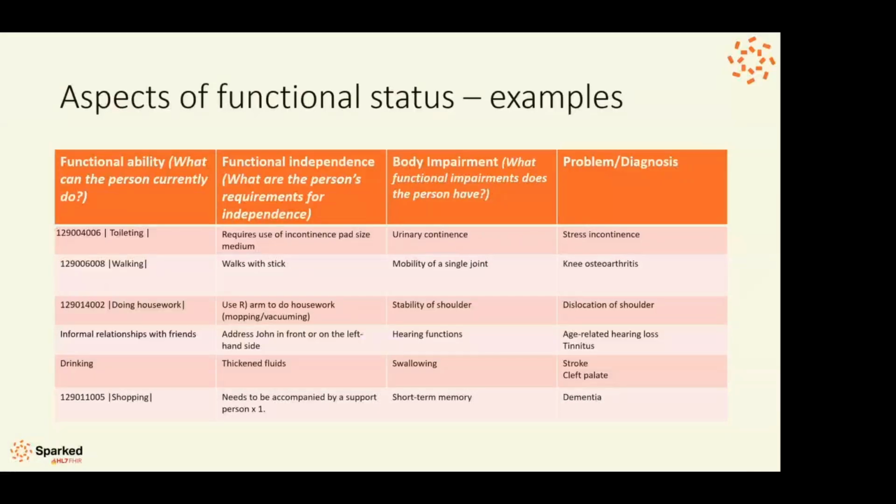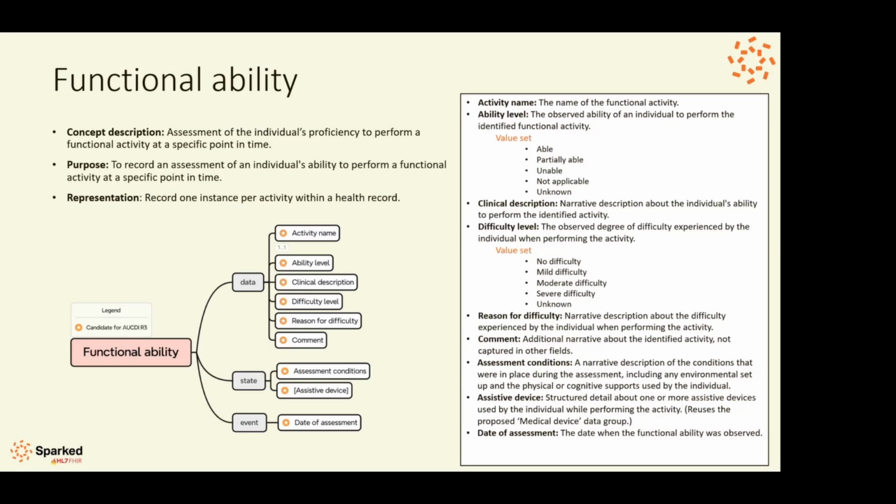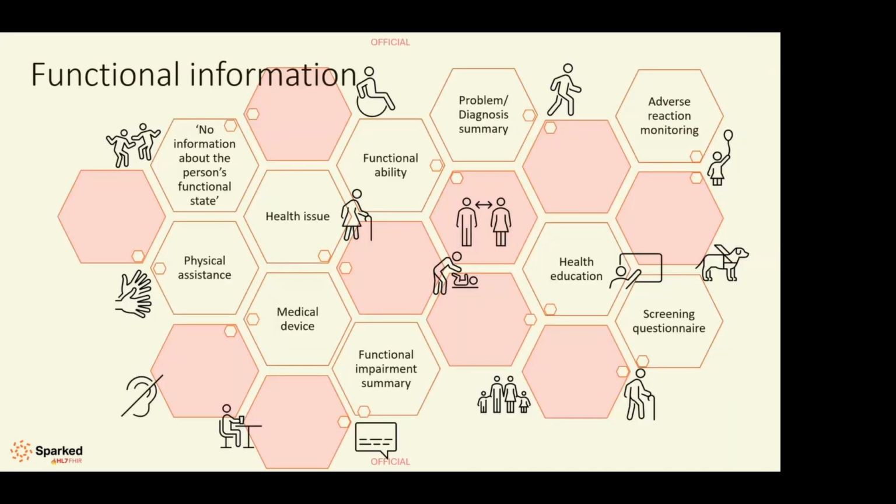This is a table. I'm not going to go through this, but if you'd like to come and talk to us afterwards, we've got a stand and we can go through it. It's just the breakdown of the data groups and what data we might be capturing in each of those different models. And this is the functional ability data group. I'll just quickly whiz through. I've got some descriptions and things there.